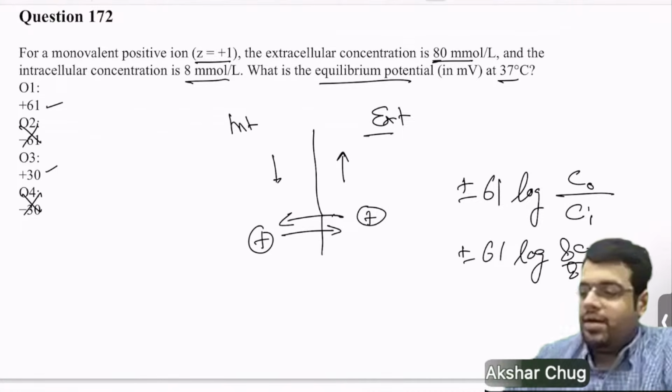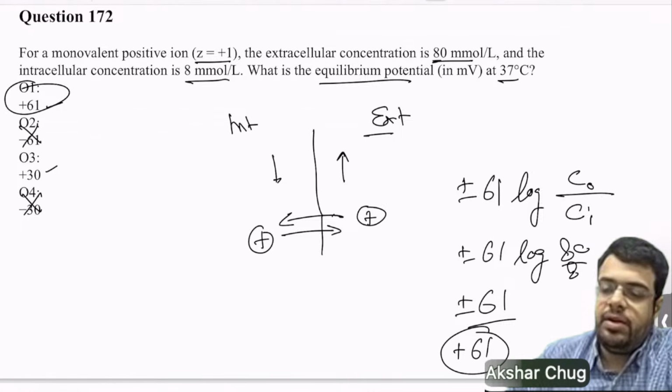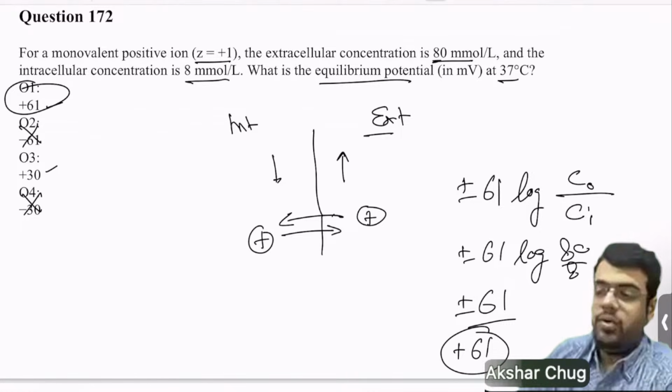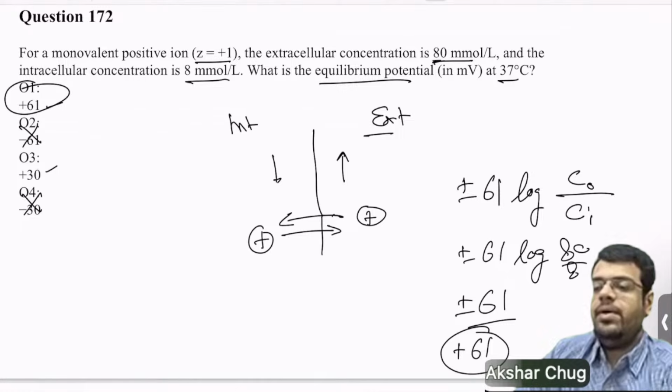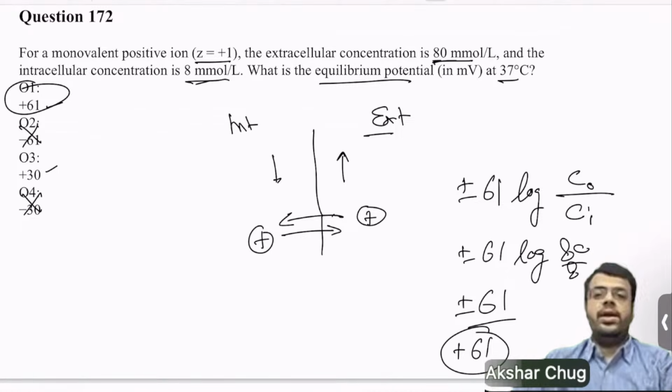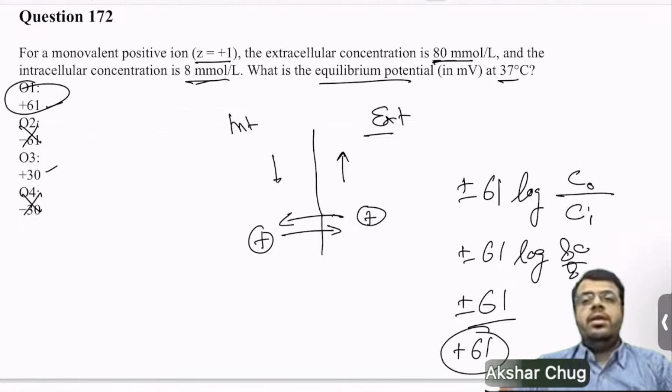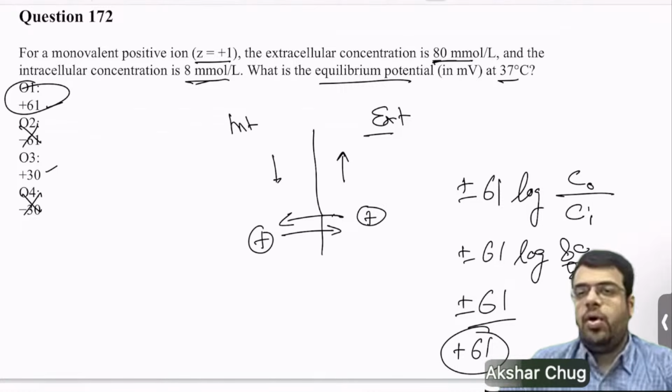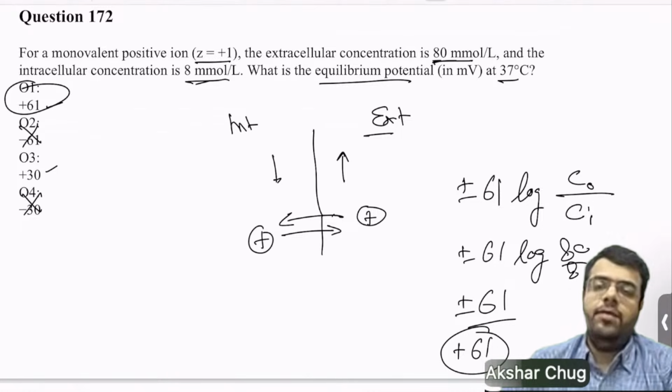So the answer would be plus or minus 61, and we are already sure that the sign here is plus. So the answer would turn out to be plus 61. If you don't want to remember the formula, just remember that whenever it is given in multiples of 10, we will always multiply with 1. Usually the examiners will ask either a multiple of 10 or a multiple of 100, in which case log 100 is equal to 2.